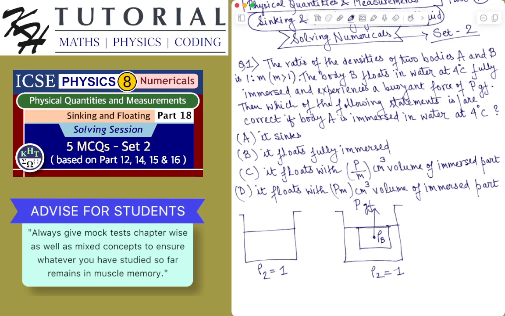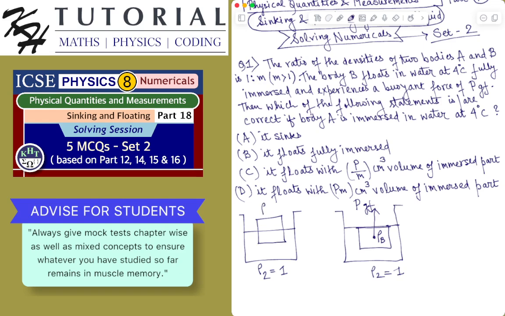Okay, so basically we have to first find out the densities of the bodies A and B. Let's say for the time being, body A is floating in the water, partially immersed.